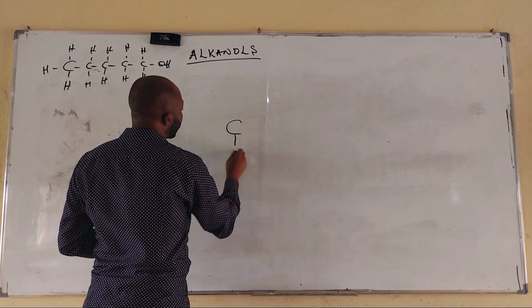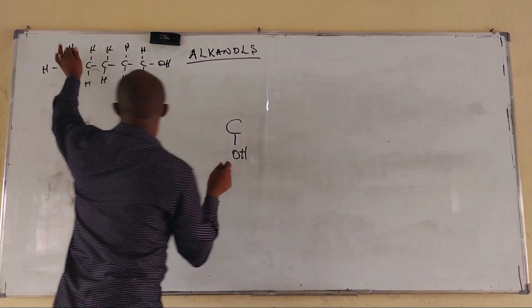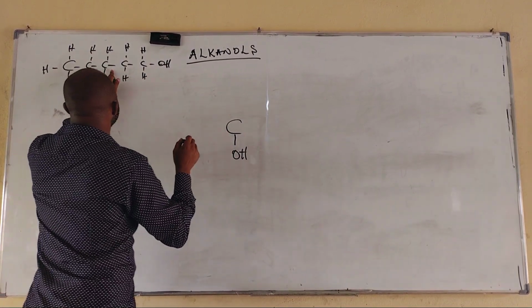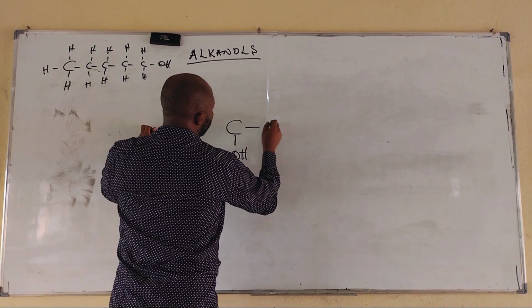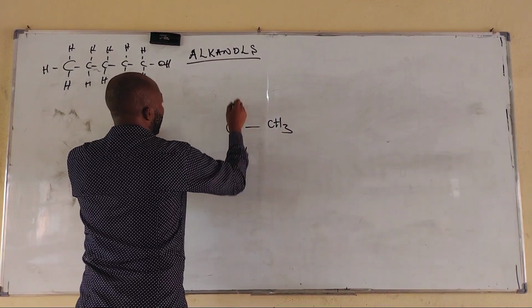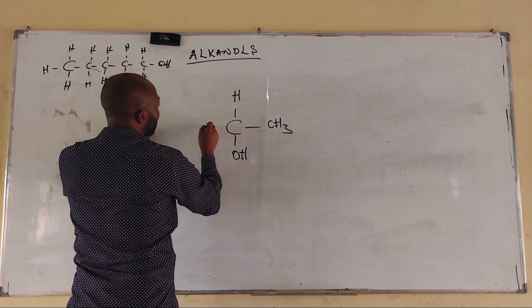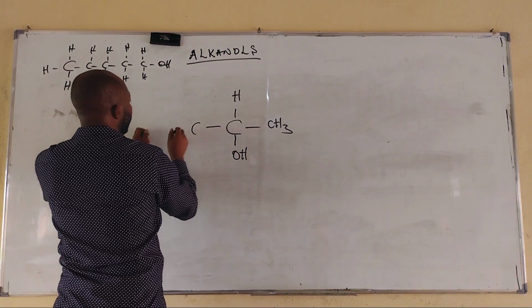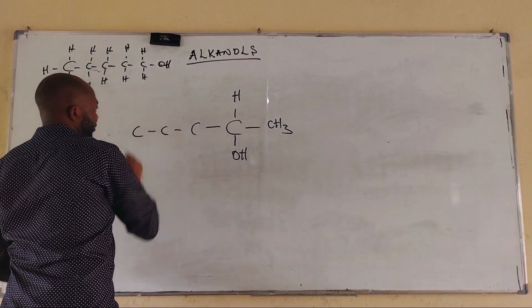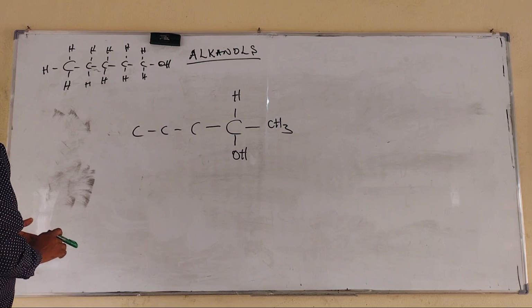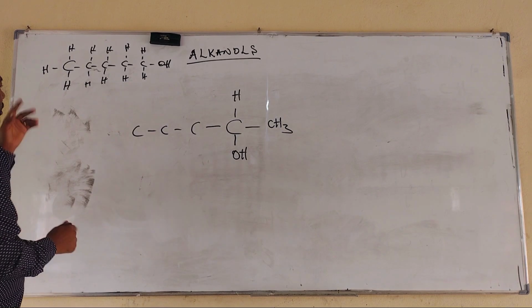We have OH, they say, which is isomeric to pentanol. So we have OH, we have CH3, we have hydrogen, and we have 1, 2, 3, 4, and 5. Okay, now let's look at it. Is this isomeric to this?